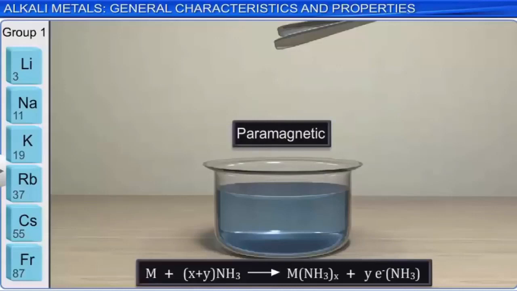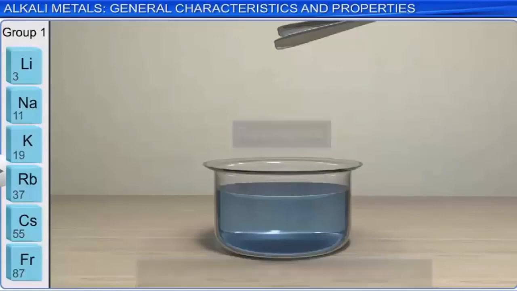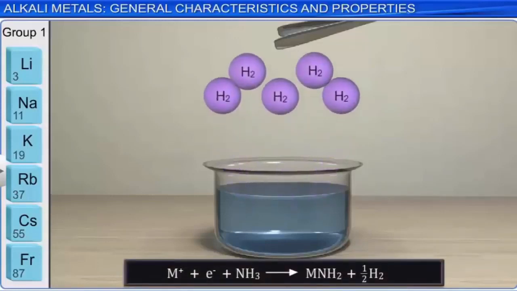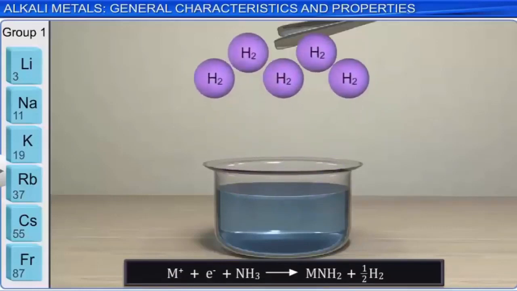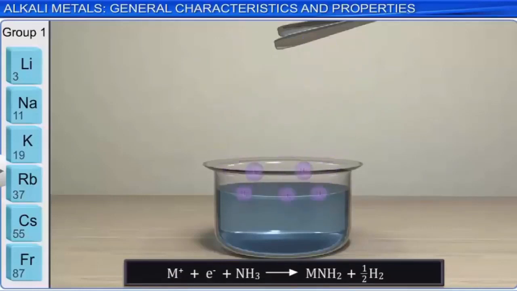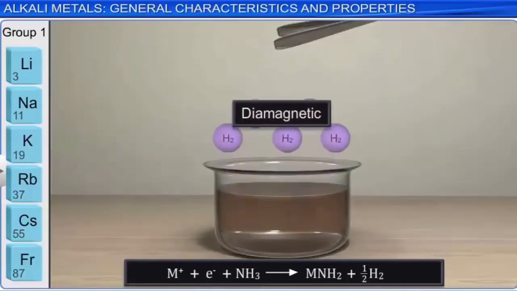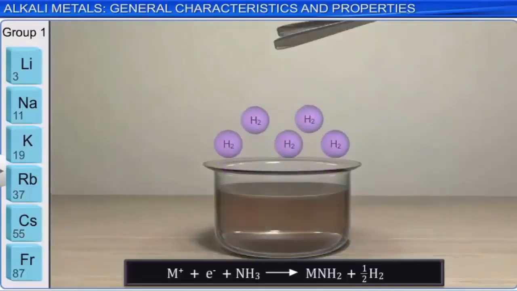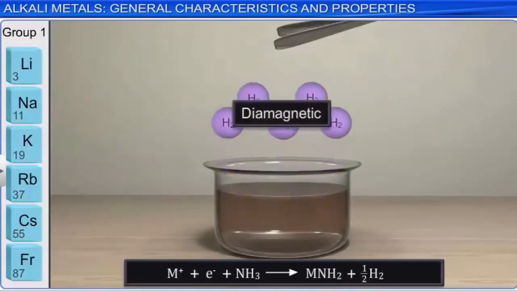The blue color of the solution is due to the ammoniated electron, which absorbs energy in the visible region of light and thus imparts a blue color to the solution. The solution is paramagnetic. You can see in the module that on long standing, the alkali metal with ammonia releases hydrogen gas and forms a brown colored metallic amide.